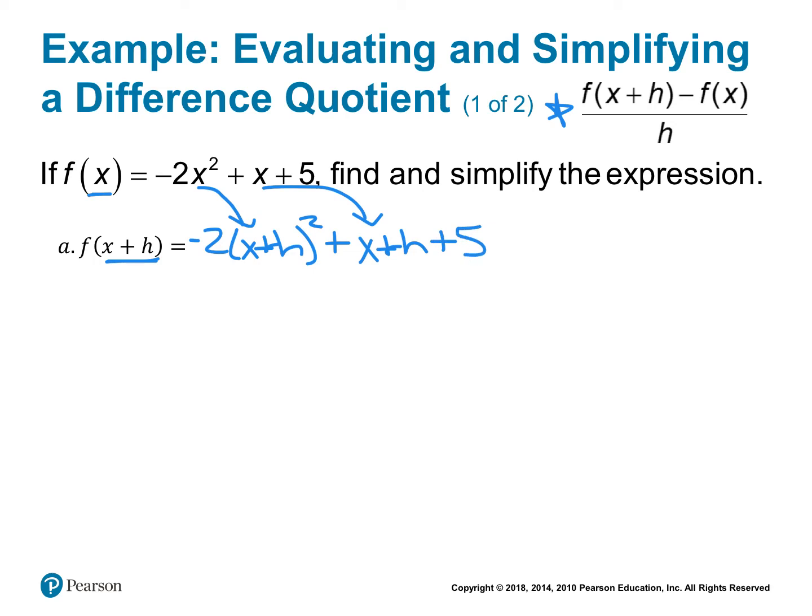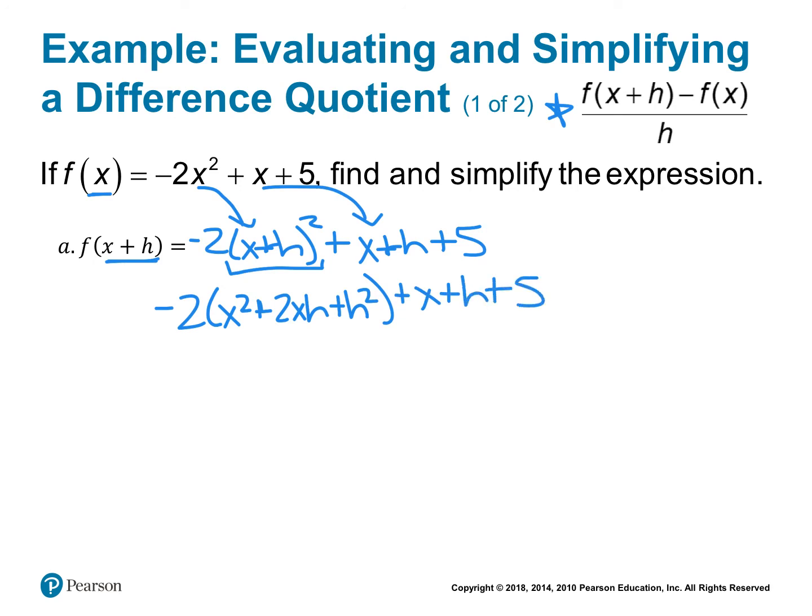Now we said in the last lesson, or the last slide, that this whole thing gives you x squared plus 2xh plus h squared when you use FOIL, and then plus x plus h plus 5.